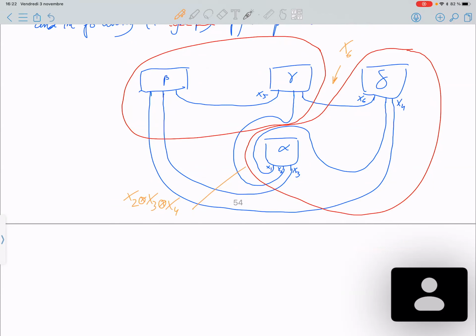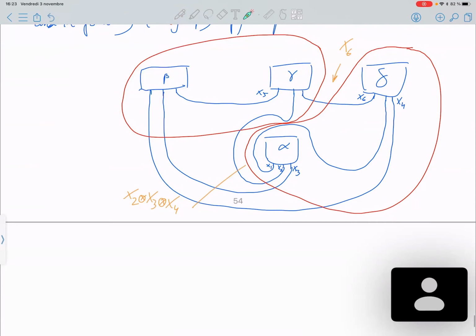So you see, you have this block, you have one X6, and you have X2, X3, X4.